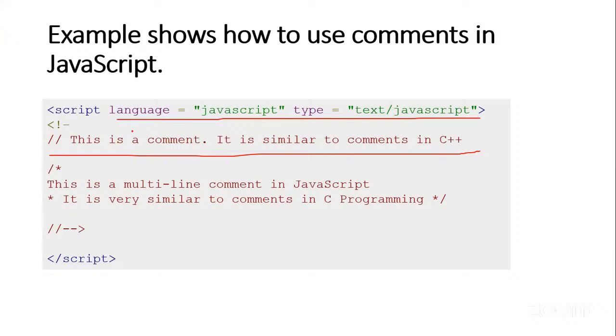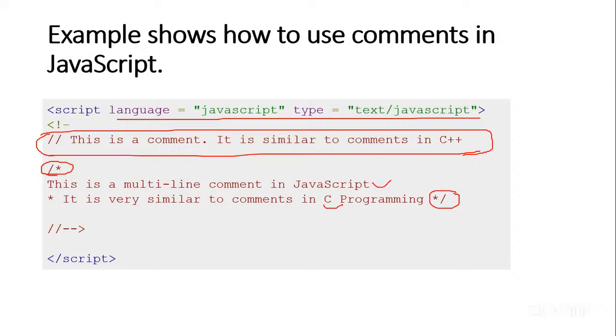This statement won't be executed. Suppose you want to write multi-line comments, multiple lines. See here, it starts with forward slash star and ends with star forward slash. And write the comment lines, however many lines you want. This is how to write multiple comment lines, and close the script.